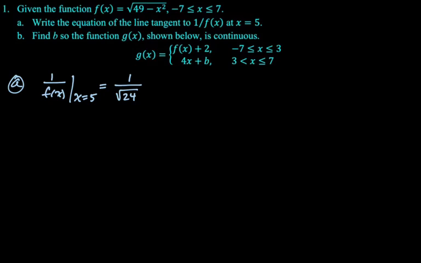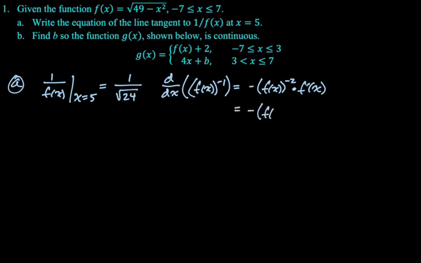And then we also need the derivative of 1 over f of x. I'm going to write that as f of x to the negative first so that I can just chain rule this thing. So that's going to be negative f of x to the negative second times f prime of x. Now we just got to plug in and get this hopefully right. So we'll have negative f of x to the negative second times 1/2 the quantity 49 minus x squared to the negative 1/2 times negative 2x, because we need to actually find f prime of x.